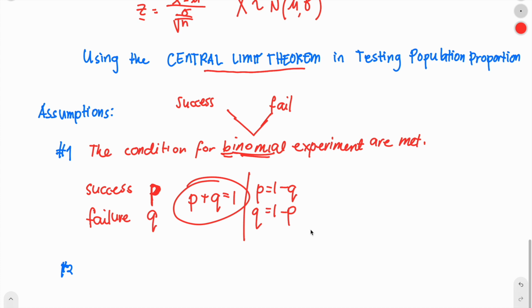Number 2, the condition: n times P should be greater than or equal to 5 and n times Q should be greater than or equal to 5.